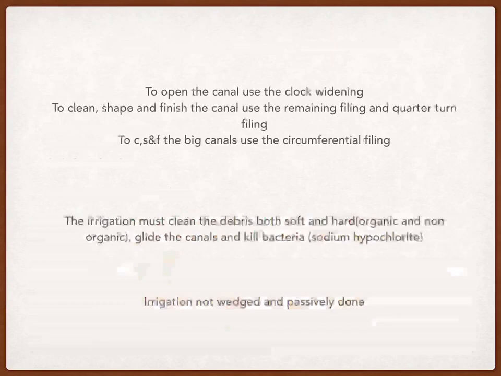To open the canal, during the establishment of the gliding path procedure, we use the watch-winding technique. To clean, shape, and finish the canal, we use the reaming, the filing, and the quarter turn filing. To clean, shape, and finish the big canals, we use the circumferential filing.